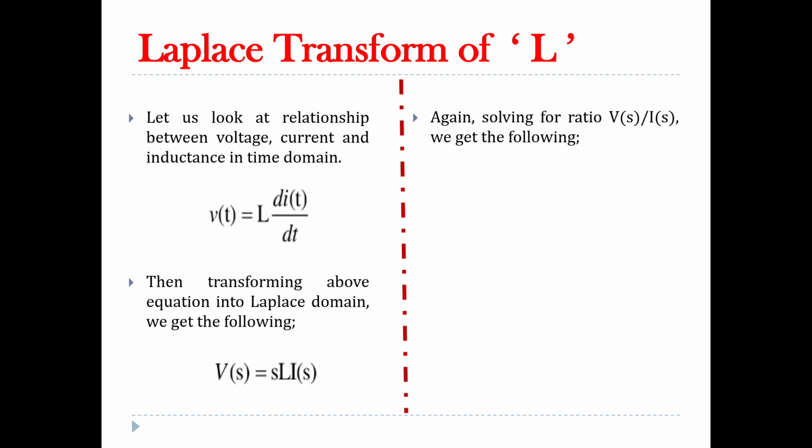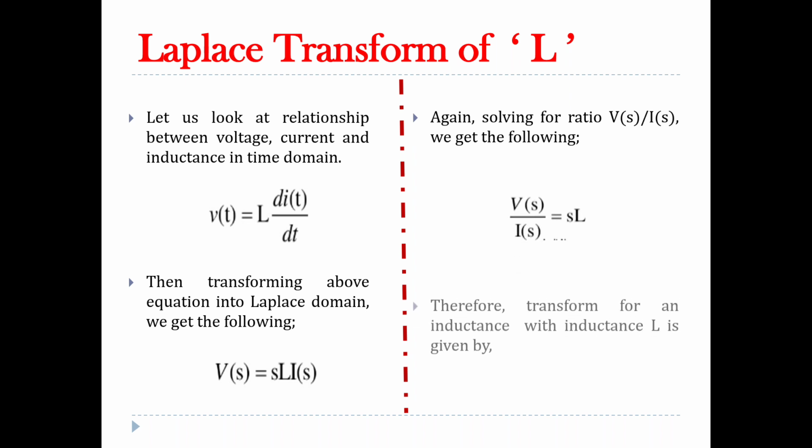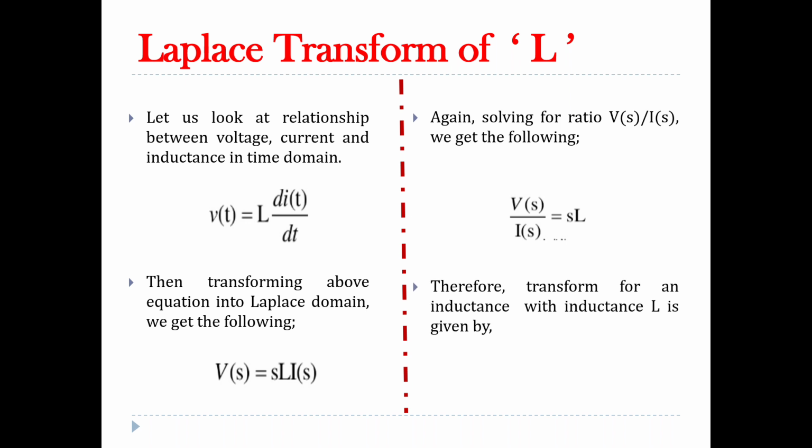Solving for the ratio V(s)/I(s), we get V(s)/I(s) = sL. And thus the transform for an inductance L is given as the Laplace transform of an inductor, which is equal to sL.